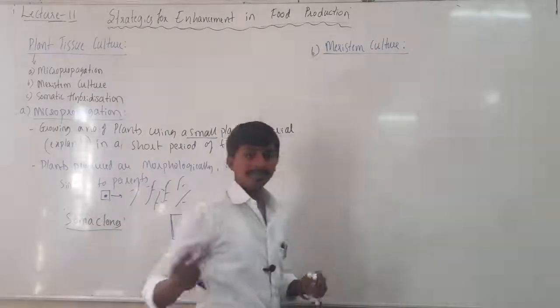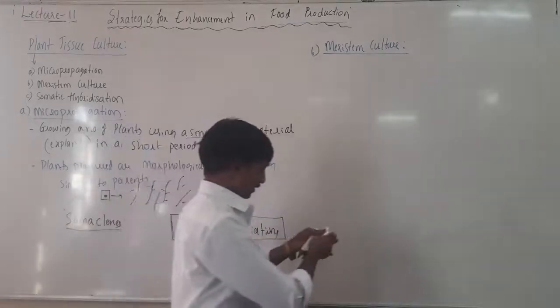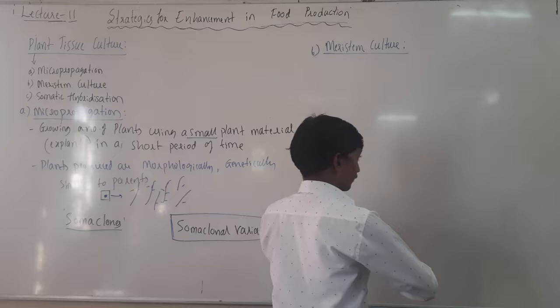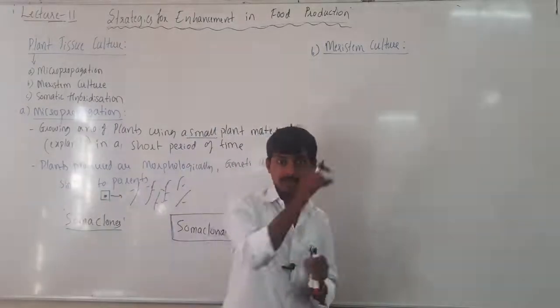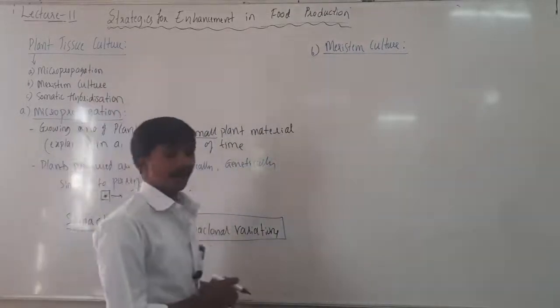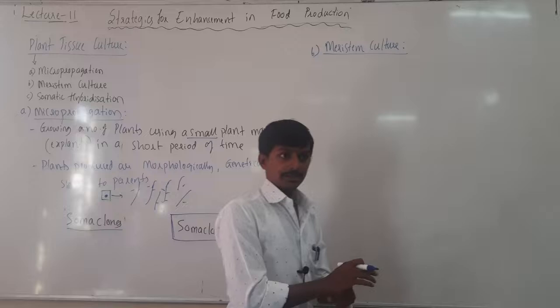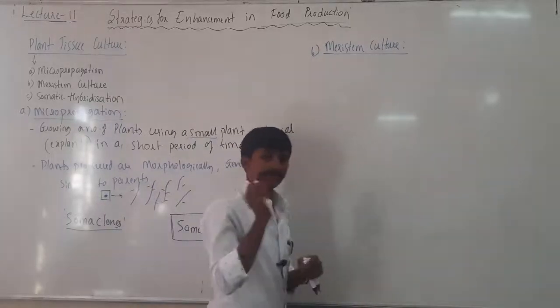It will always be growing and dividing, right? So this technique is used to grow a plant from meristem. Take a meristem, follow all the techniques of tissue culture and develop a complete plant, right?